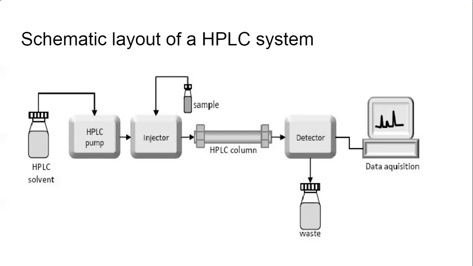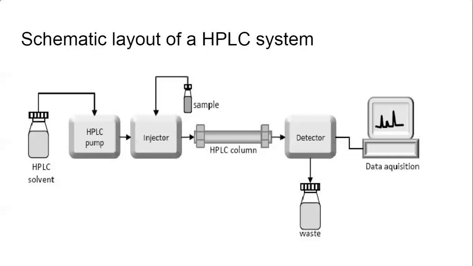Okay. And next, the working principle: as in column chromatography, here also adsorption and desorption both take place, and the applicable principle is the adsorption chromatography principle. Another difference between ordinary column chromatography and HPLC is the flow rate of the mobile phase. It is very slow in column chromatography, but here the flow rate of the mobile phase is much faster.